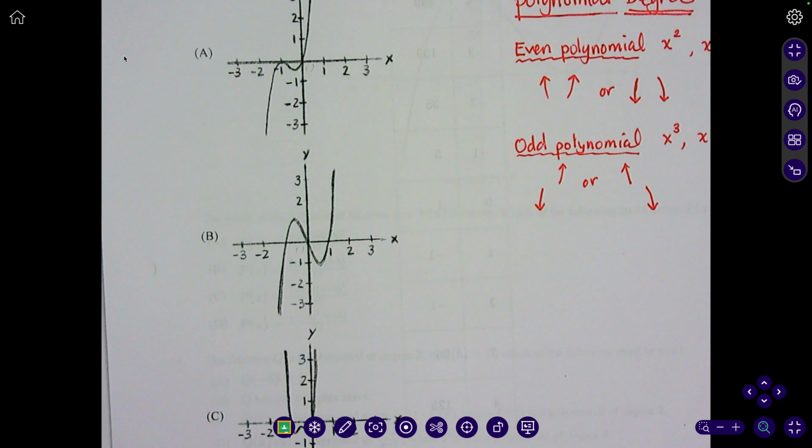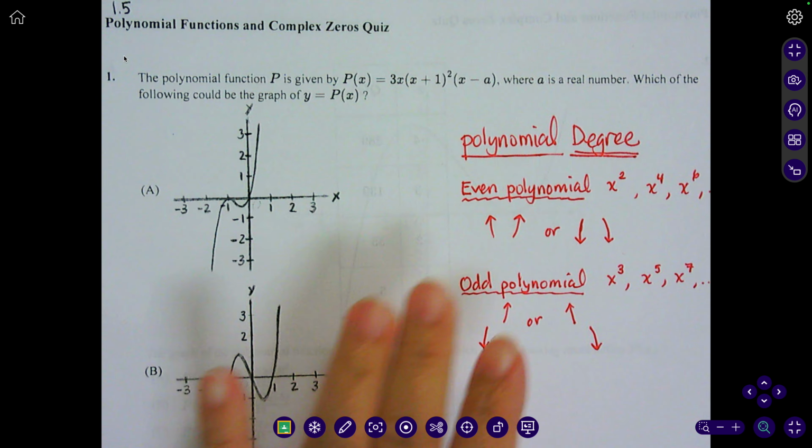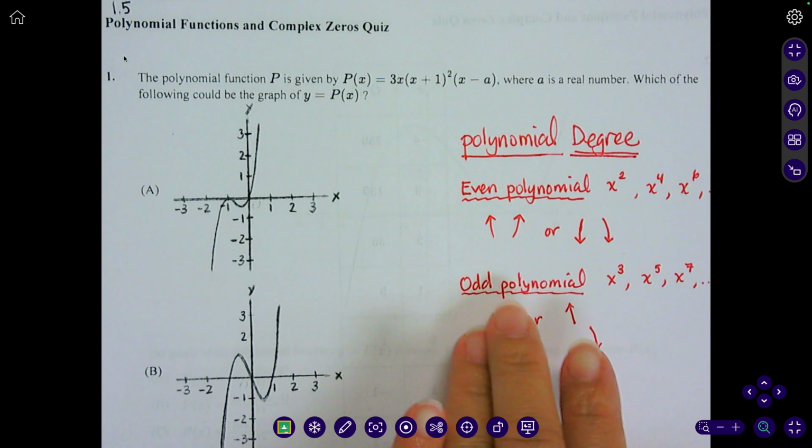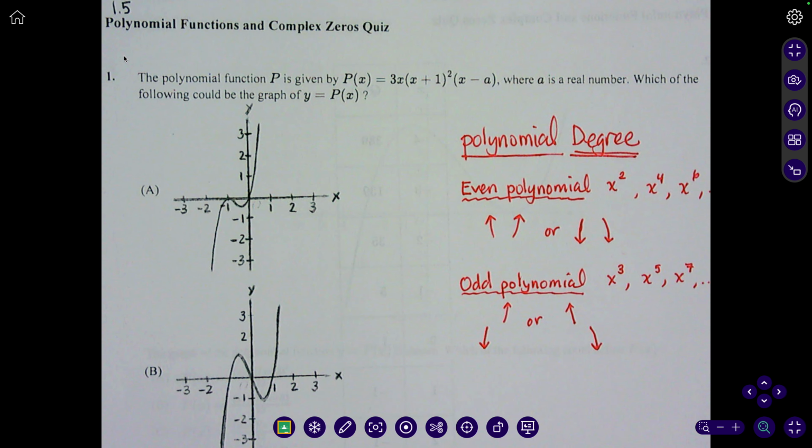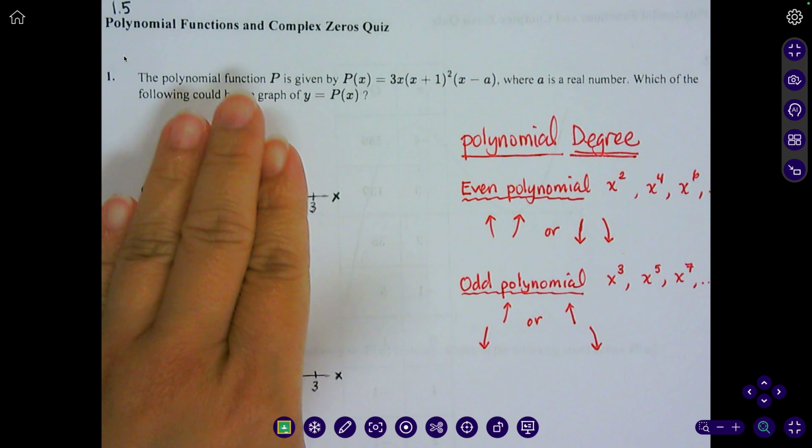Okay, so let me ask you this way then. We don't know that, all right. We talk about polynomial, even degree polynomial and odd degree polynomial. Do you know what kind of polynomial this is?